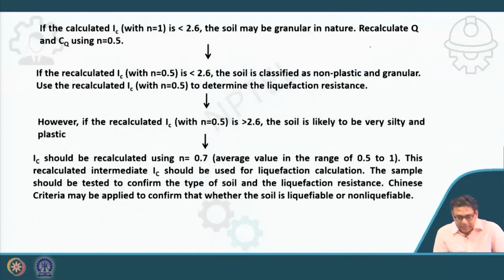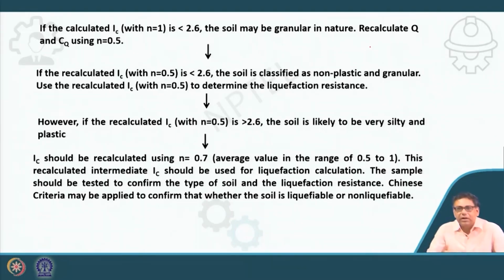So next, if the calculated IC with n equal to 1 is less than 2.6, then the soil may be granular in nature, and you recalculate Q and CQ using n equal to 0.5. If you take n equal to 1 and still get IC less than 2.6, then the soil may be granular in nature.